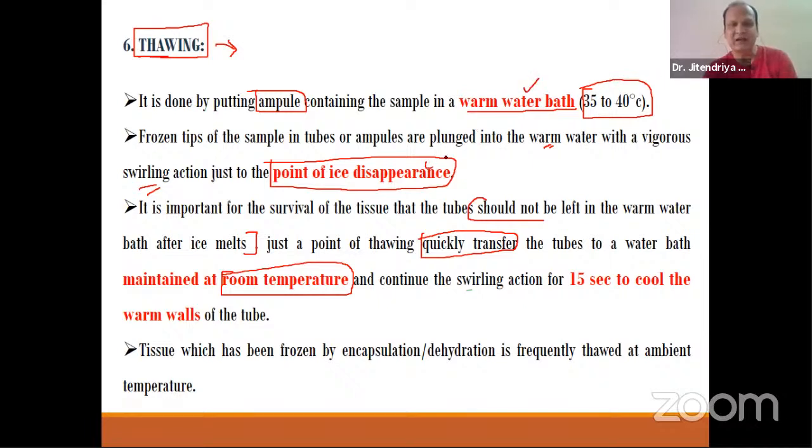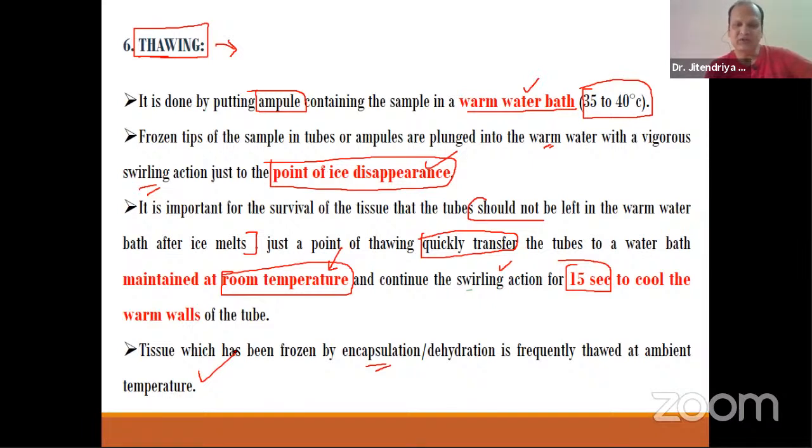Once the ice disappearance starts, you have to keep them at room temperature. But the swirling action must be going on, for a 15-second period. Then, tissue which has been frozen by encapsulation or dehydration must come to a natural or ambient temperature, which should not deteriorate the condition of the tissue.